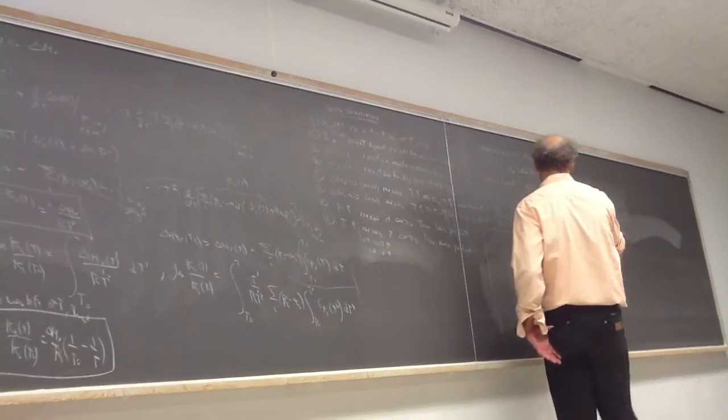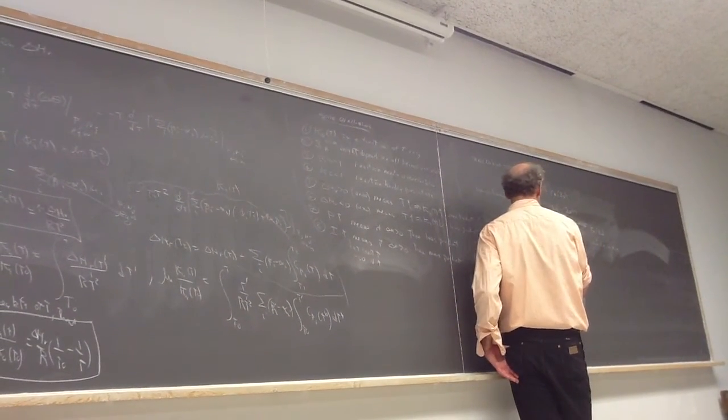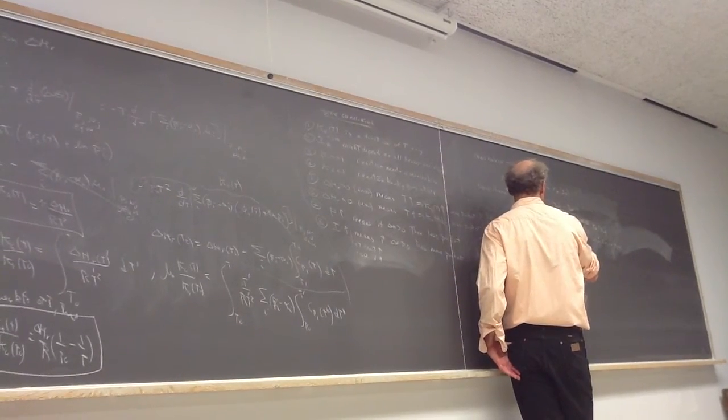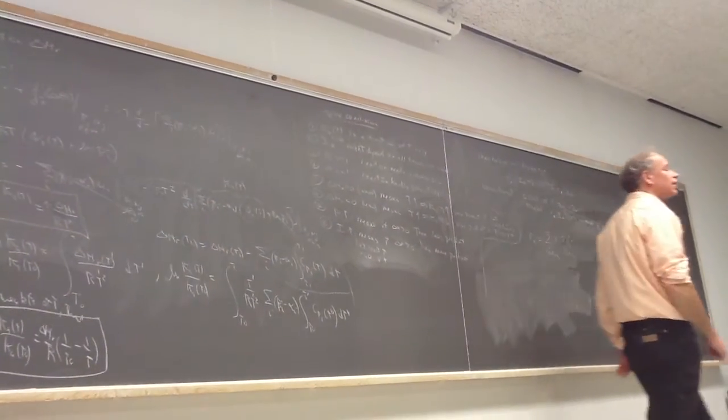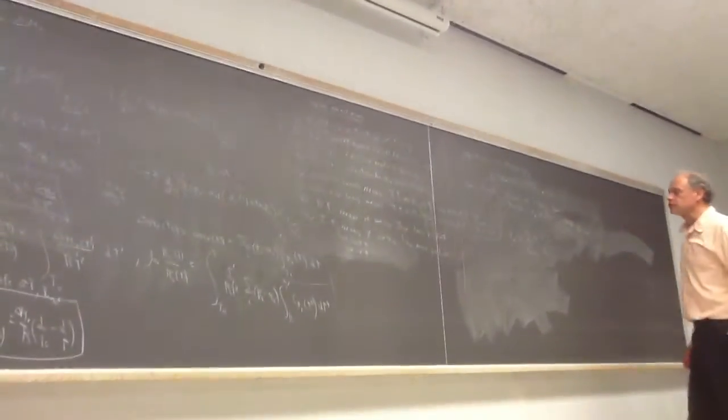So these should be alpha_ji, where i is the reaction. So I am summing over all the reactions, and j I'm summing over all the species, multiplying by, I am taking the continued product over all the species.